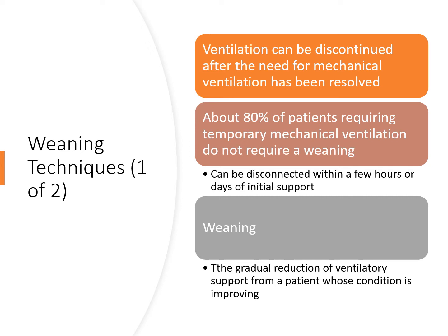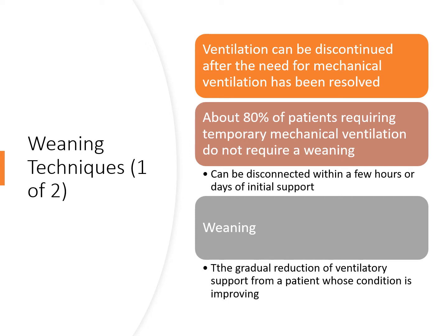So ventilation, when we're looking at it, can be discontinued after the need for mechanical ventilation has been resolved. Let's say a patient has had a severe sepsis or a severe infection, and now that sepsis is resolving or been resolved. Now that means the original need for mechanical ventilation, the high metabolic rates, the ventilatory fatigue, all that stuff has been resolved.